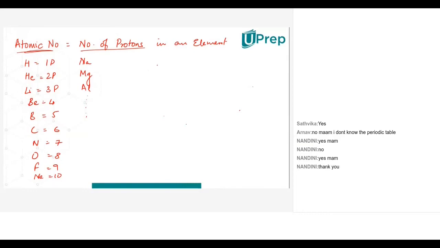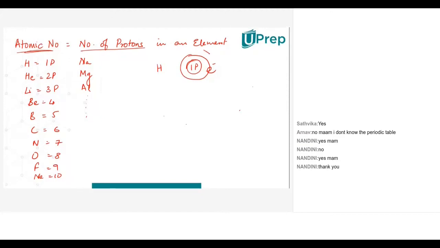For example, in the hydrogen atom, I know that there is 1 proton in the nucleus, and around the nucleus, there is 1 electron revolving around this proton. Now, one thing you have to know is that these electrons revolve in different shells.